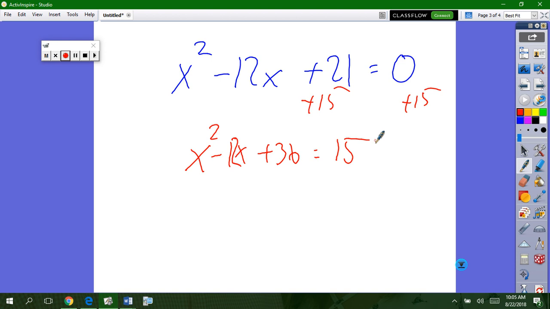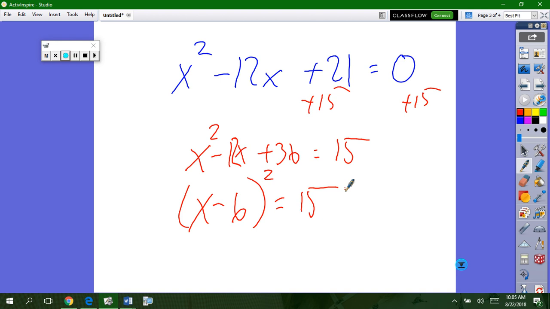Right? Okay, but what did we call the left side? A perfect square trinomial. And we can make a perfect square trinomial go into a binomial square. What would be our binomial square? X minus 6 squared equals 3.